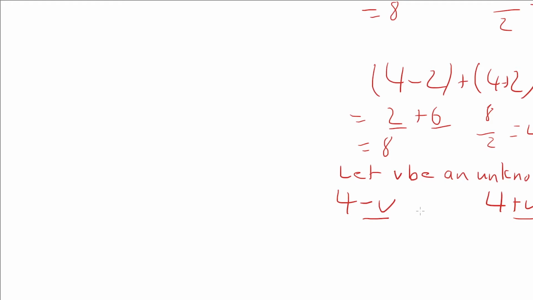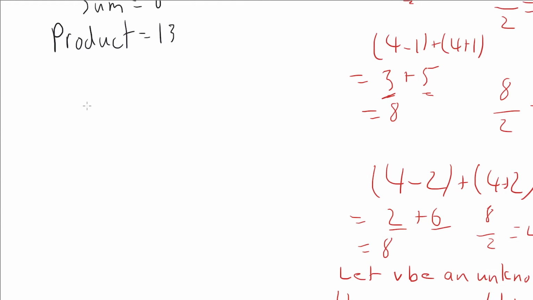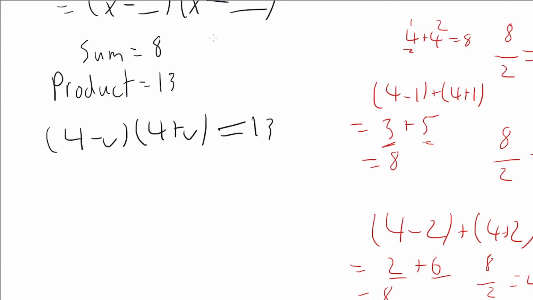And these are just two numbers. 4 minus v, that's just some number we don't know. 4 plus v, that's some number we don't know. So say we were to multiply these, 4 minus v times 4 plus v. Well, since these are supposedly our two solutions, the product of these should be 13, like up here. These have a sum of 8, we know that, because they have an average of 4.